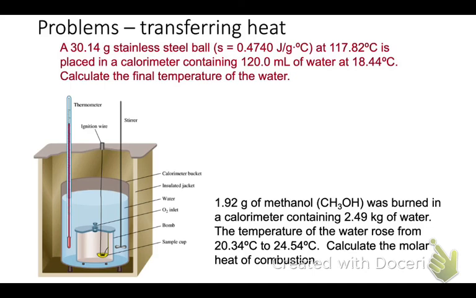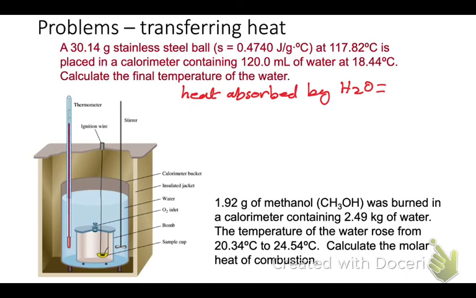So let's see here. Do I have the mass of water? I do. Do I have the specific heat of water? I should know that. And I have delta T. So what I'm going to start saying is, okay, heat absorbed by water equal to the mass of water.